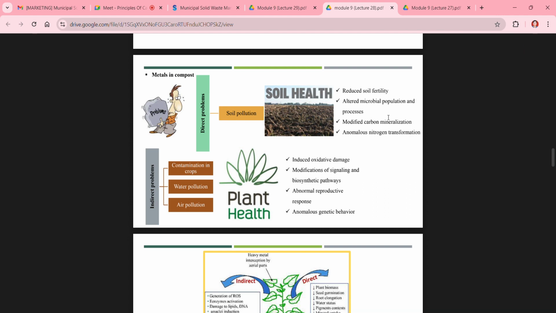Then there will be some indirect problems also due to these metal contaminations in the compost material, like contamination in crops, because crops take the nutrients from soil, and if some metallic content is higher in the soil, that is going to get absorbed during the nutrient absorbing process of the plants and crops, and these metal contents are going to contaminate those crops sometimes.